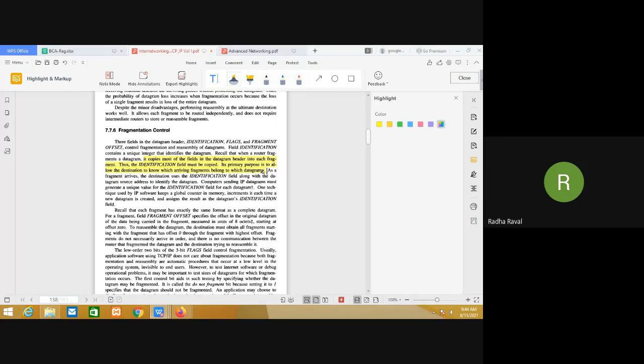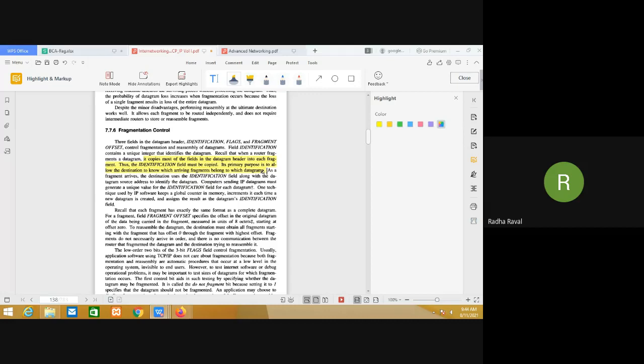As a fragment arrives, the destination uses the identification field along with the datagram source address to identify the datagram. When other fragmented parts of that datagram come to that router, they can be identified as belonging to this datagram. A computer sending an IP datagram must generate a unique value for the identification field for each datagram.